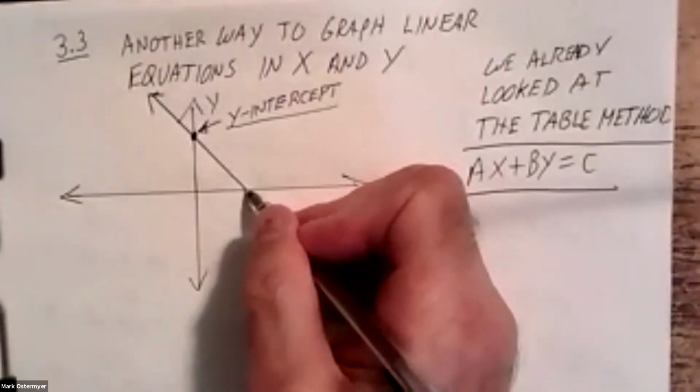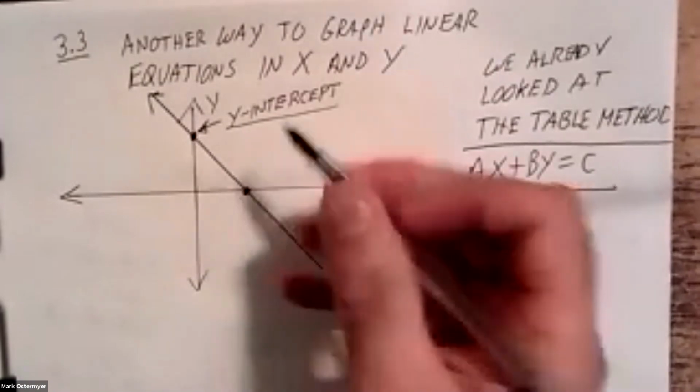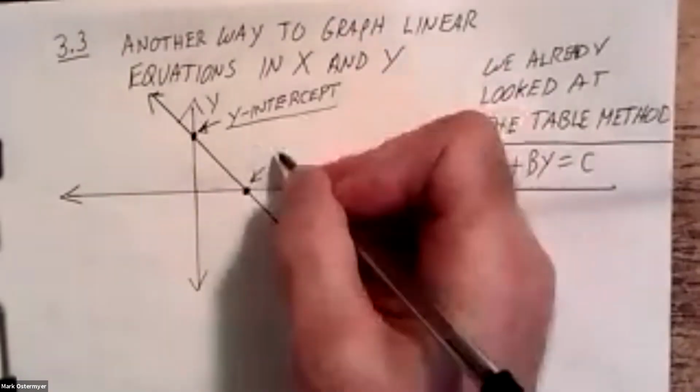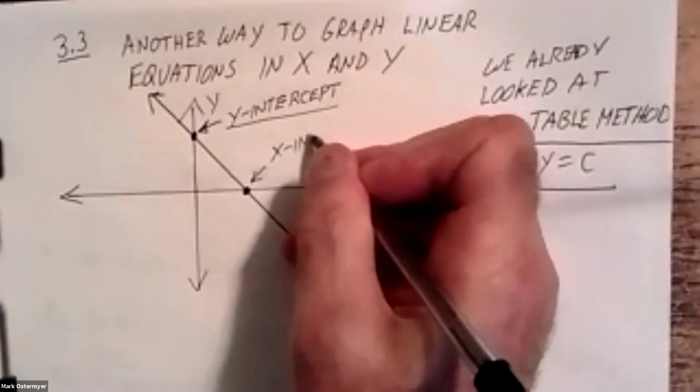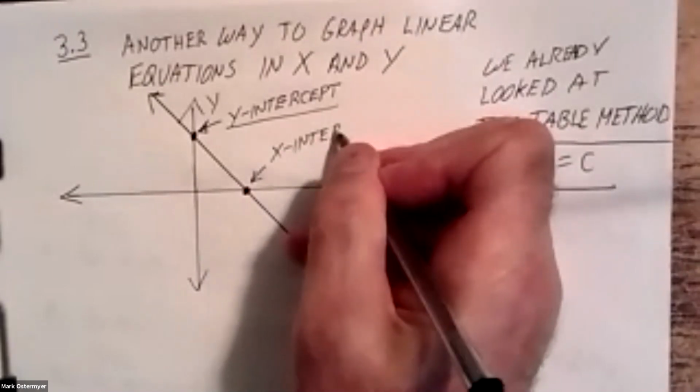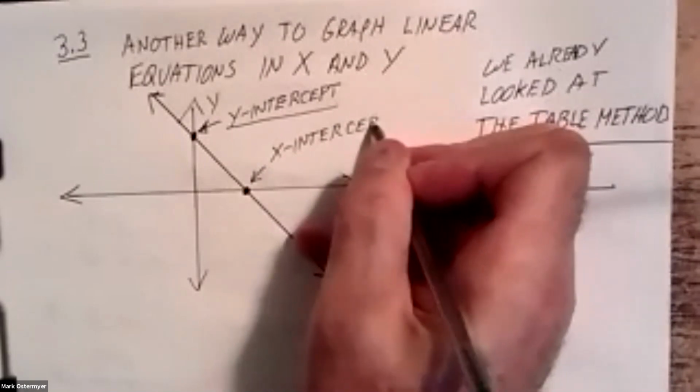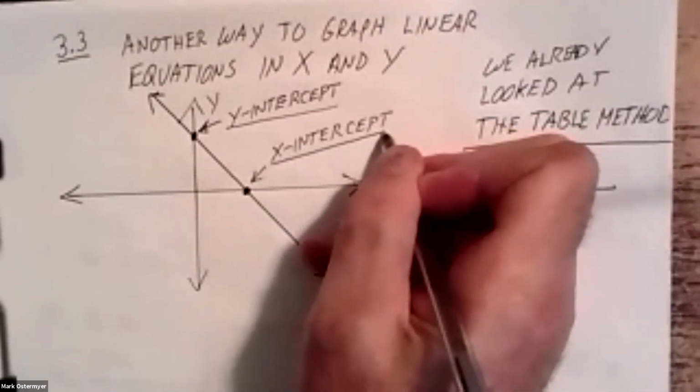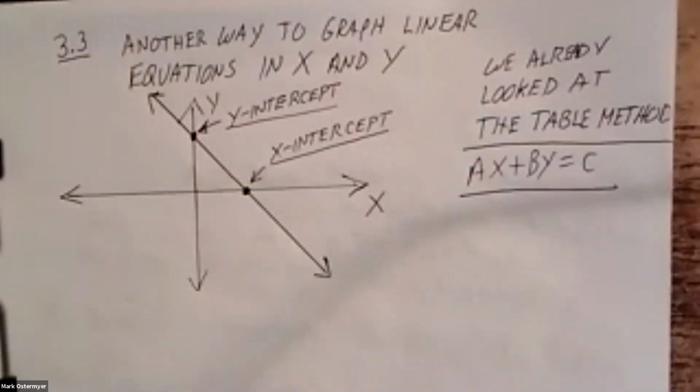Equally important is this point of intersection between the graph and the X-axis. It is called the X-intercept of the linear equation or the graph, okay, X-intercept.